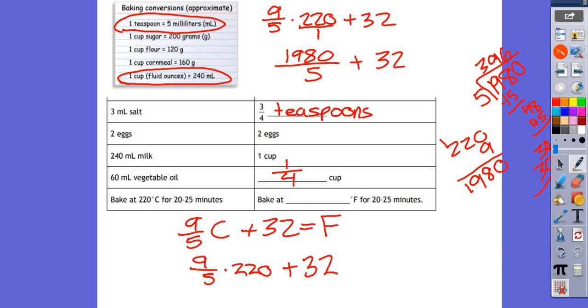Anything left over? So 396. So this turns to 396 plus 32. Well, that turned out nice. Can I add 396 plus 32? Yes, ma'am. That's going to give me 428 degrees Fahrenheit. So they used to cook it at 220. Now they cook it at 428.